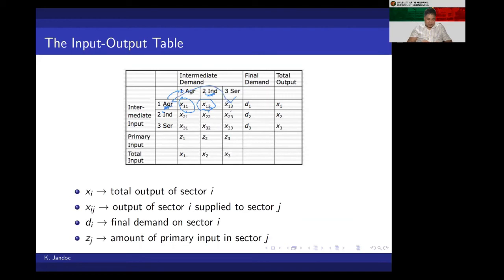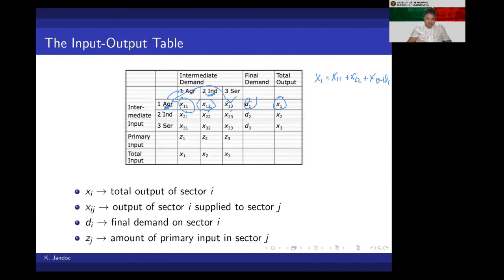So we have X13 over here, and D1 over here is the final demand. Okay, so X1 is the total output of sector 1, which is agriculture. So we have X1 equals X11 plus X12 plus X13 plus D1.